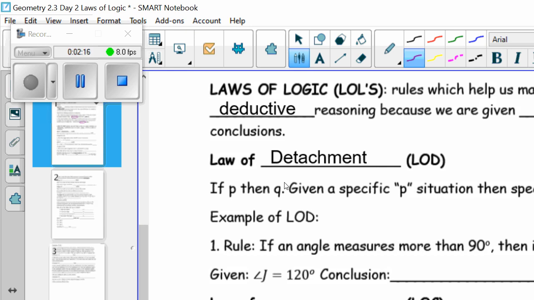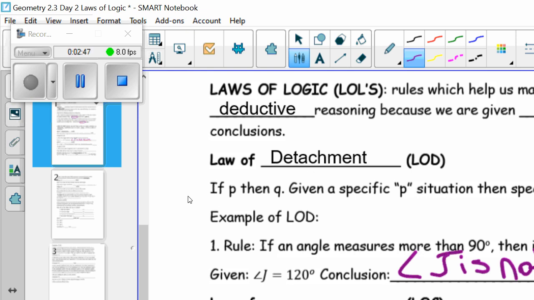Given angle J equals 120 degrees, then our conclusion is that angle J is not acute. Again, the rule was if an angle measures more than 90, then it is not acute. We are given that angle J is 120 degrees, so we can conclude angle J is not acute.